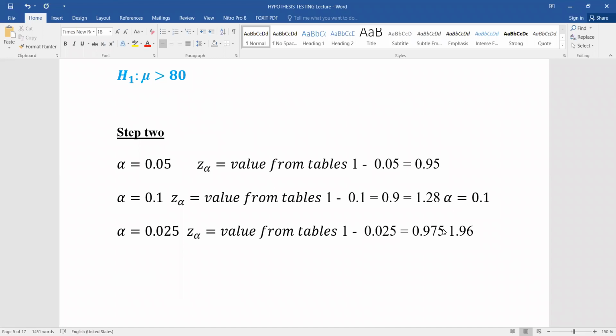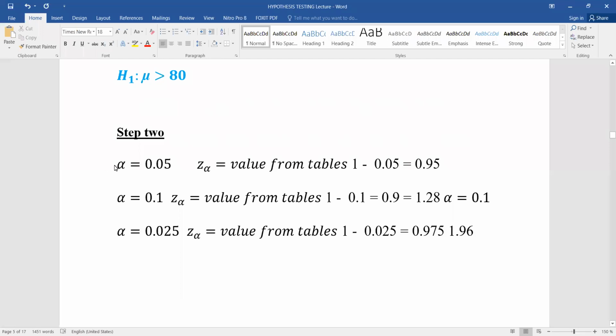If it's what you're seeing from your table, you write that one. Let us who are seeing 1.96 go ahead.